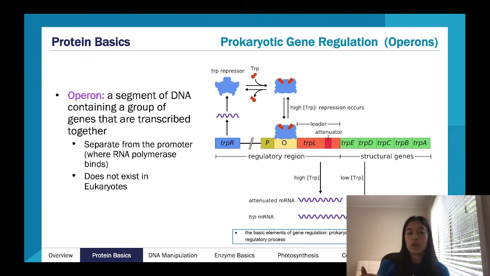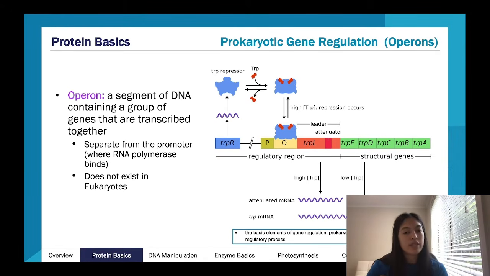Because there's a low level. We don't have a lot floating around. So the ribosome basically just takes its time and waits because it needs more. And what that does is it means that RNA polymerase basically just continues to go through and transcribe this operon so that we're producing more tryptophan, which is what we want, remember, because we have a low level.